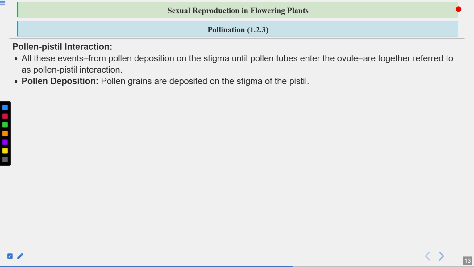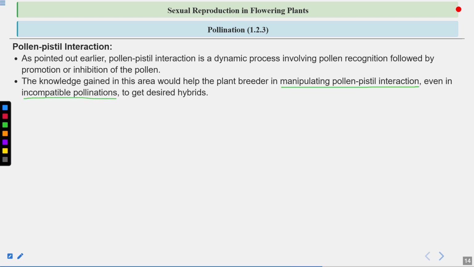One is going to the polar nuclei and one to the egg. Very good. Very clear. But this double fertilization and incompatible pollination to get the desired hybrids, this understanding is very, very important for the plant breeder as well.